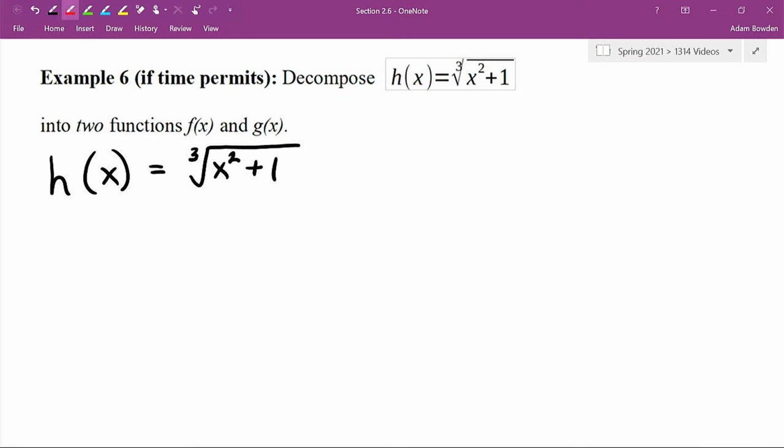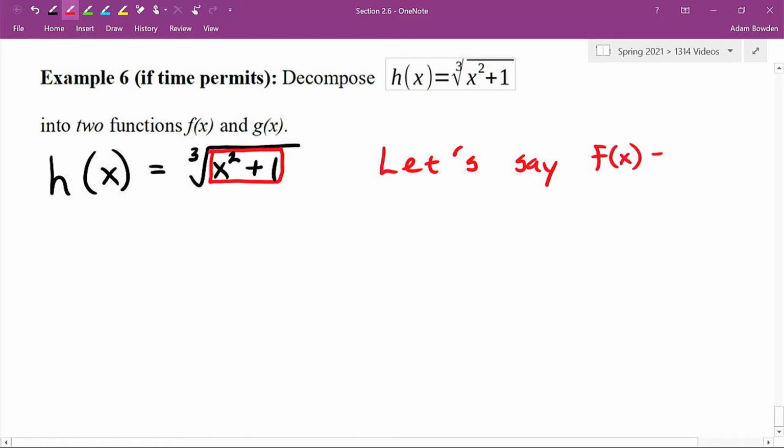How we're going to do this is we need to look at the inside part here of the cube root, and let's give it a name. Let's say that we call a function f of x equal to the x squared plus 1.